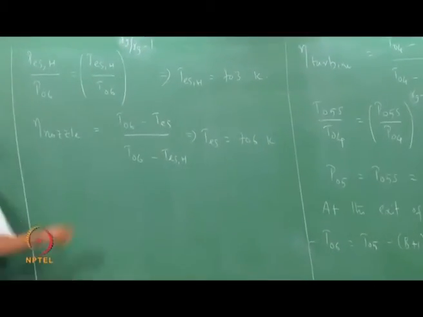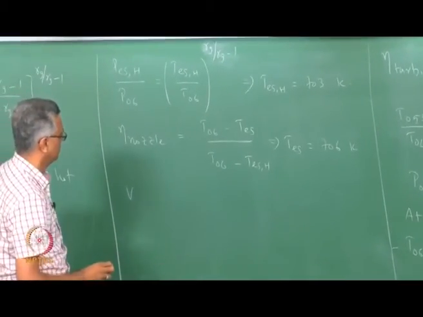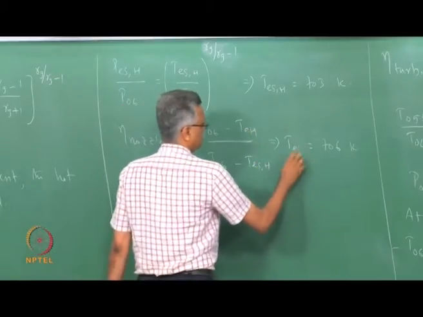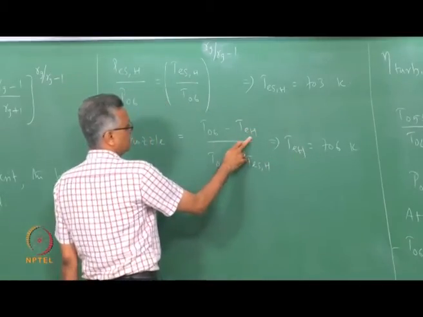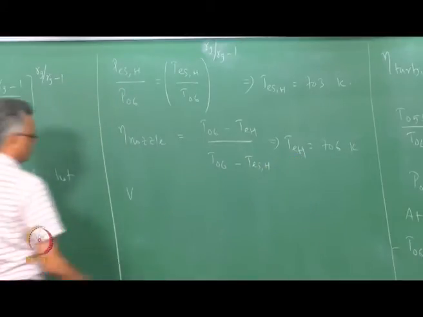Once I have this, I can calculate the velocity. I am sorry, this is TEH, please change this. This is TEH, so I can calculate my TEH to be 706 Kelvin.